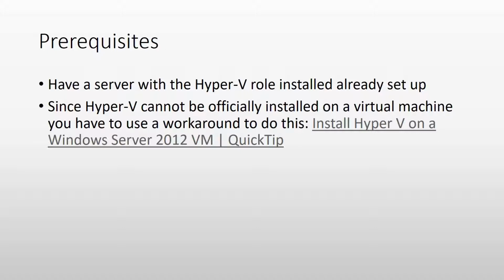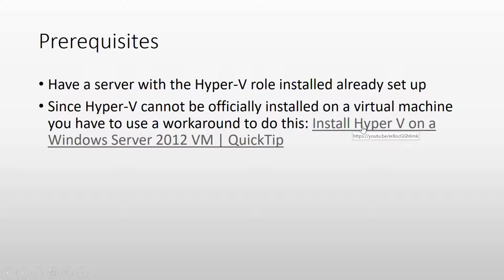Since we cannot use nested virtualization with a Windows Server 2012 R2 virtual machine, you can follow the video that I linked here in this presentation, and I will also have in the description, to see how you can install Hyper-V on a 2012 R2 VM just to have it installed.